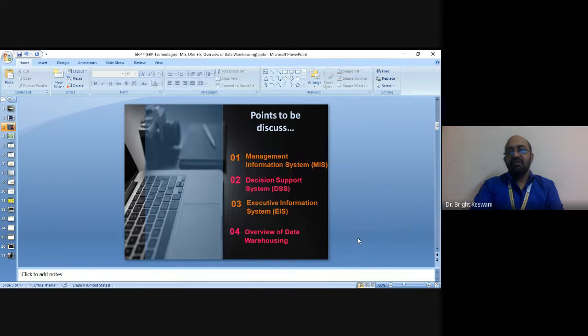Then we will have an idea about executive information system, that is EIS. And at the end of this lecture, we will look at the working and architecture of data warehousing and the purpose of data warehousing.